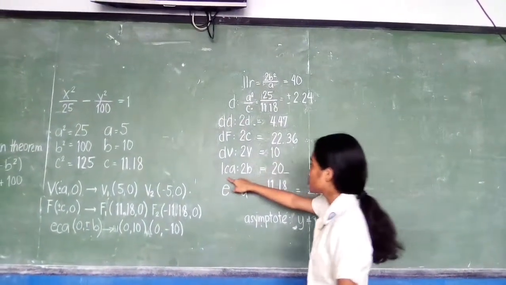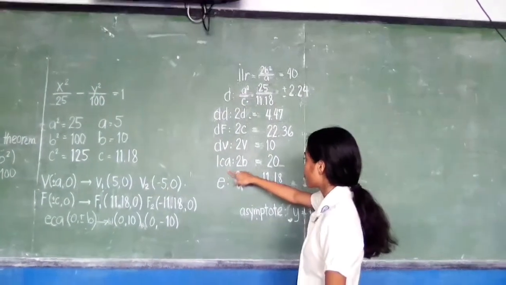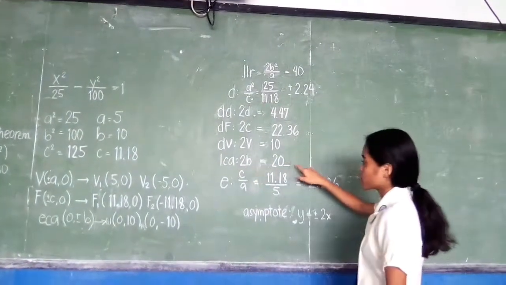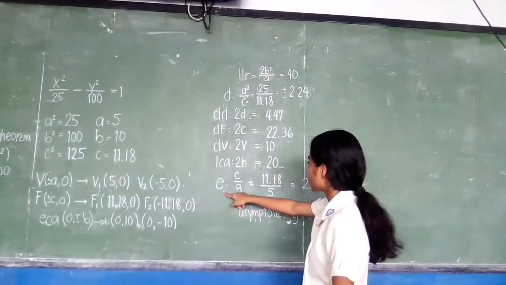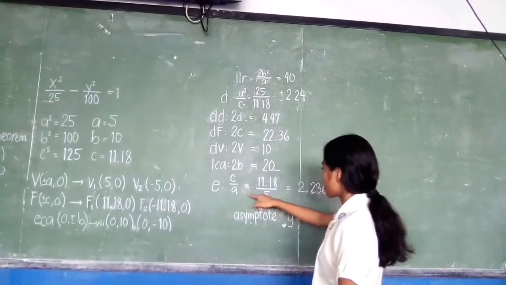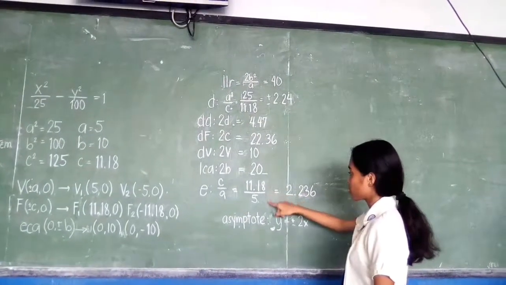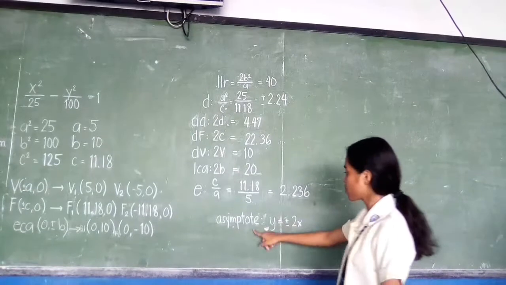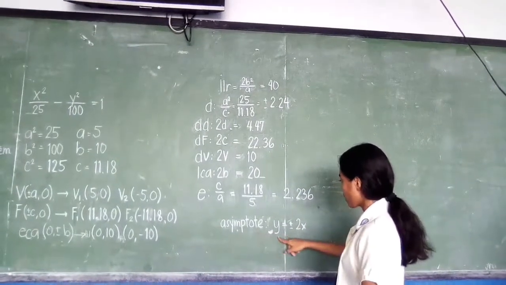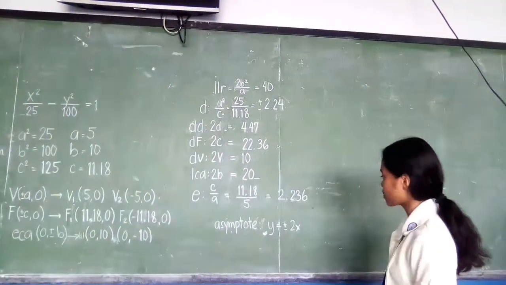For the length of the conjugate axis, we use the formula 2 times b is equal to 20. For the eccentricity, we will substitute c over a is equal to 11.18 over 5, which is 2.236. For the asymptote, we have y is equal to positive and negative 2x.